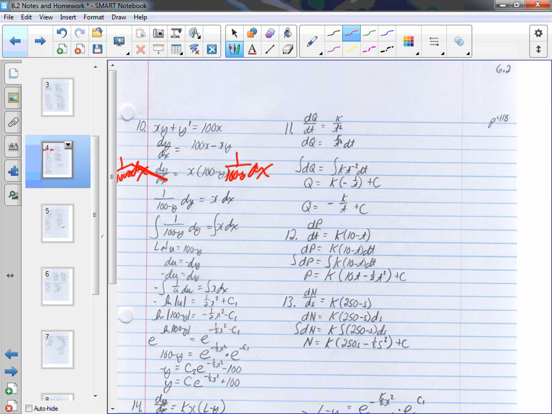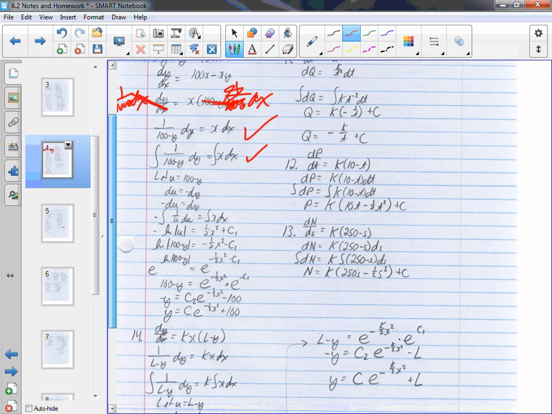The dx is divided out over here. The 100 minus y is divided over here, and I end up with that. And once I'm there, I'm in pretty good shape. Okay? Y'all with me? All right. Integrate both sides. Be careful with the negative. All right?